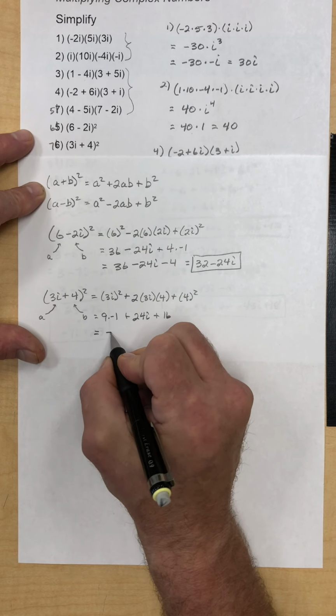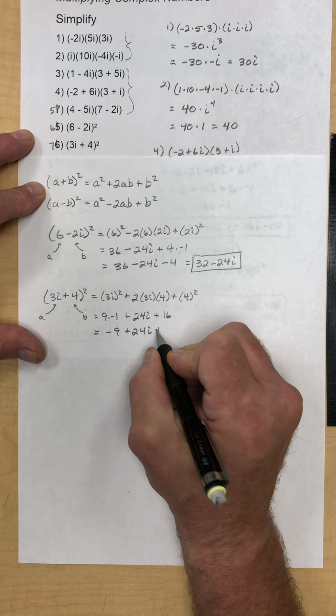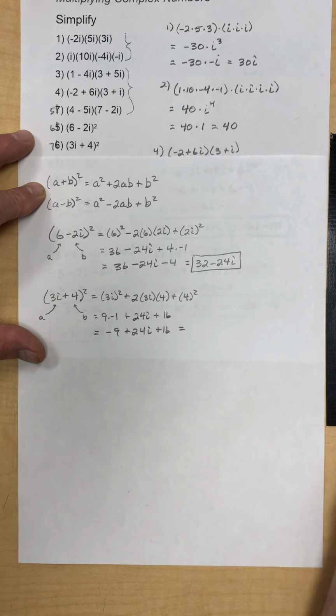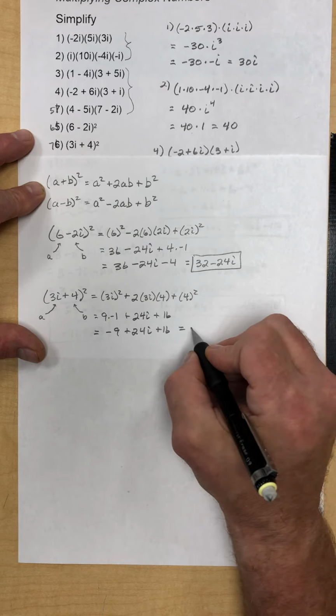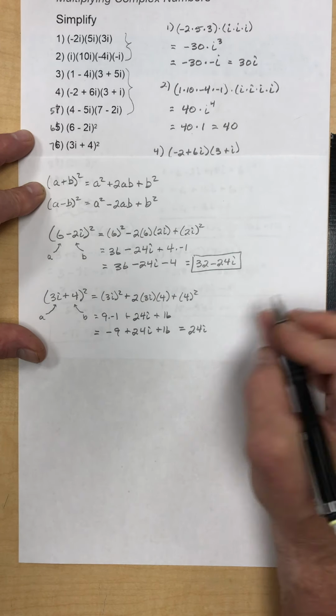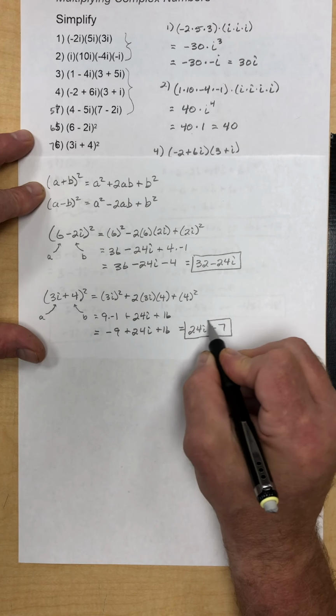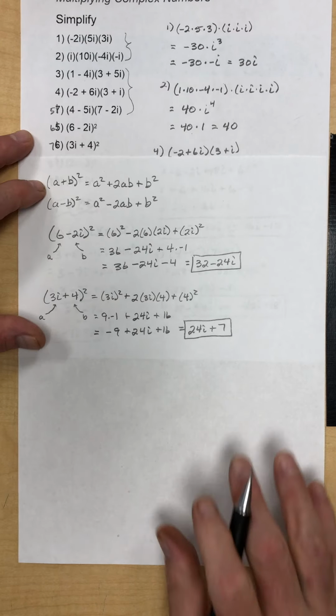So I'm going to get a -9 plus 24i plus 16. I'm going to put the term with i first for the heck of it. So let's go 24i, and then -9 plus 16 is 7. And if you want to switch the order there, that's okay. You can switch the 7 and the 24i. That's up to you.